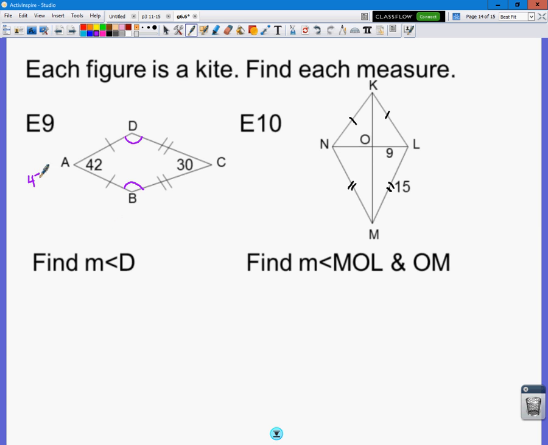If I've had 42 and 30, I've used up 72 of 360 degrees in my quadrilateral, which means there is a remaining angle measurement of 288 degrees. And what am I going to have to do to that 288? I've got to divide it by 2 because I'm going to split it evenly between these two pieces. So the measure of angle D is 144.